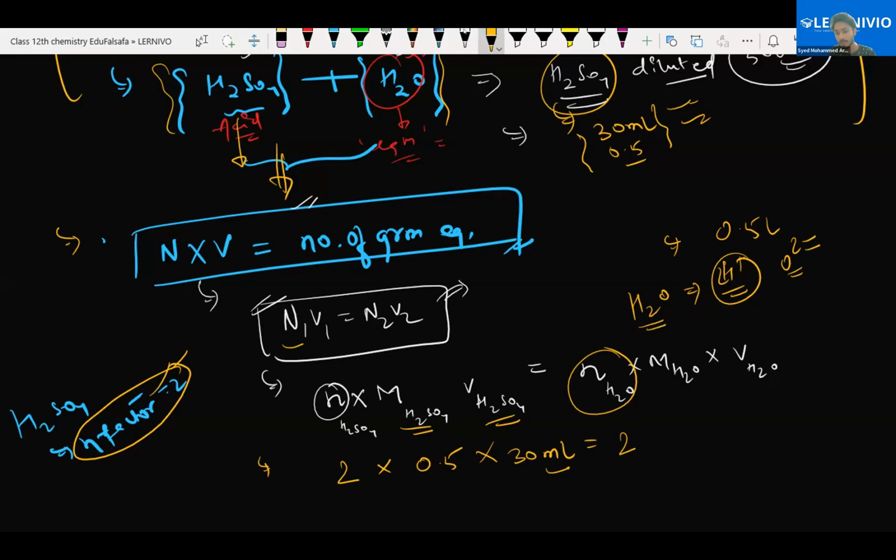So if you lean towards oxygen, it should be -2. And if you lean towards hydrogen, a single hydrogen holds a charge of +1, so 2 hydrogens collectively give an n factor of 2. And same here, you are also getting the n factor as 2.